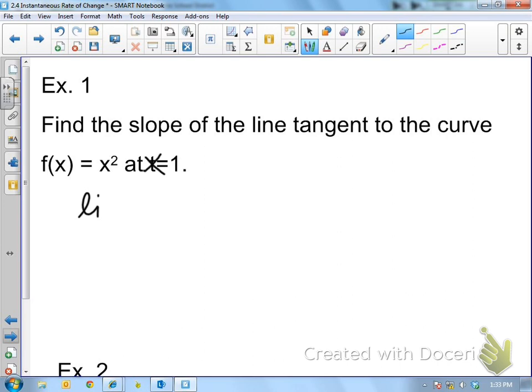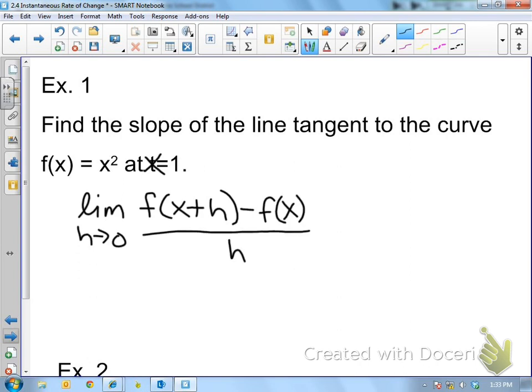I don't know why I changed variables mid-example. So we have limit as h approaches 0, and we know our formula is f of x plus h minus f of x all over h. So of our variables, which ones do we know right now?